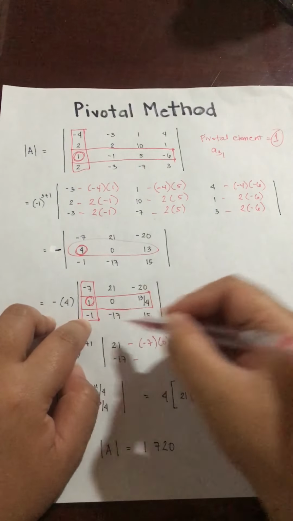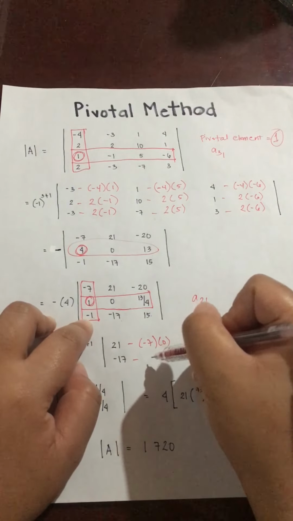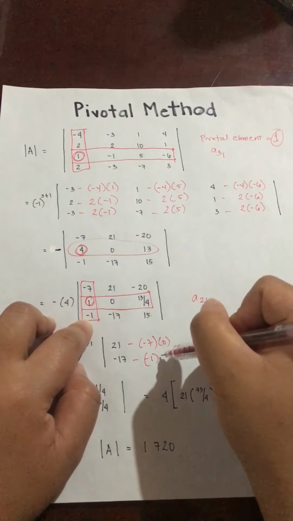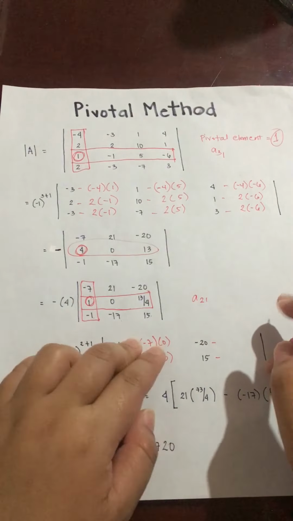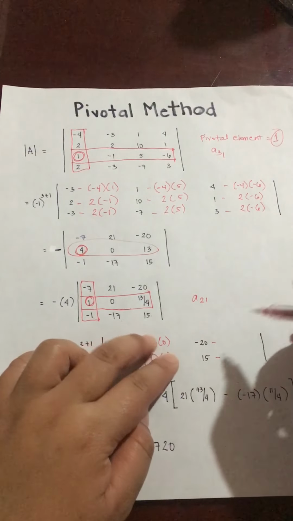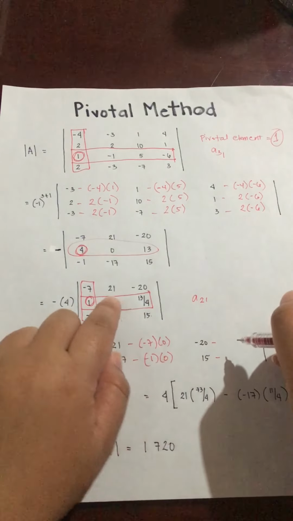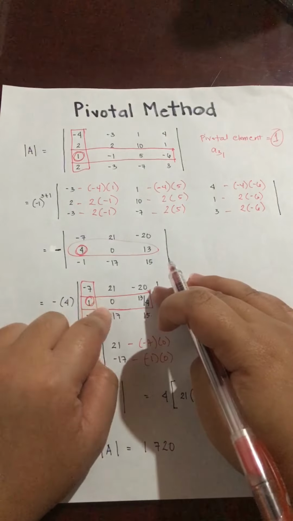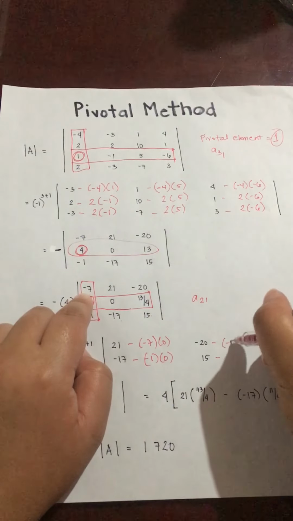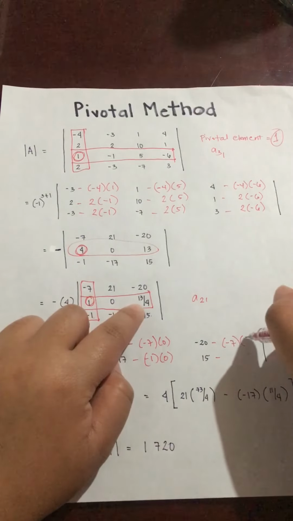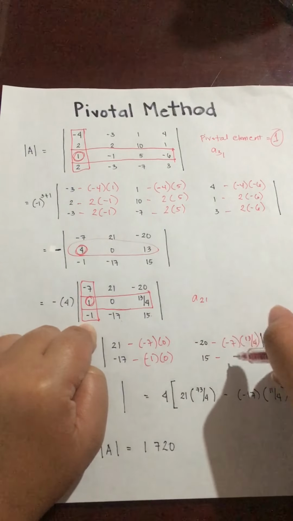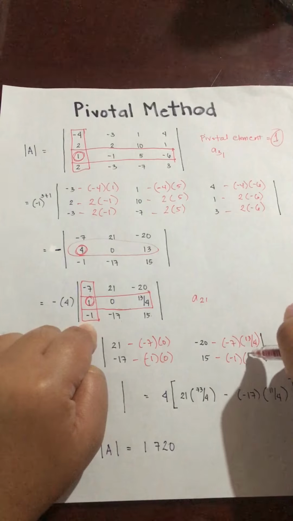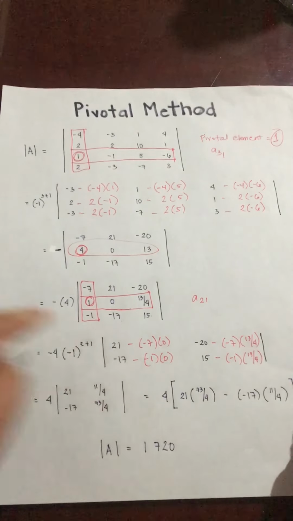Then, here, negative 1 and 0. Next is we will subtract this negative 20 by negative 7 again and 13 over 4. And 15 is negative 1 and 13 over 4.